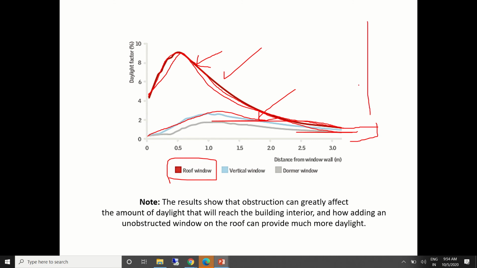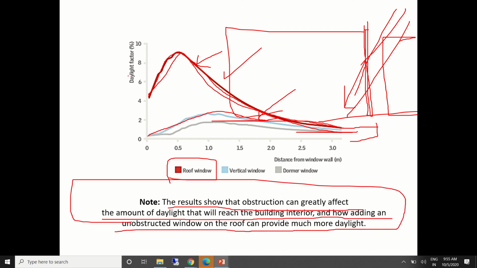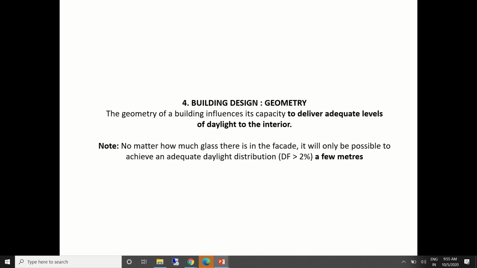Even if this building has obstructions, because of the length, the obstructions will be for some part, but the daylight will reach the indoor conditions. So the results show that obstructions can greatly affect the amount of daylight that will reach the building interior, and how adding an unobstructed window on the roof can bring in more light. This is just to give an example of how different window systems will have an impact on the daylight environment.